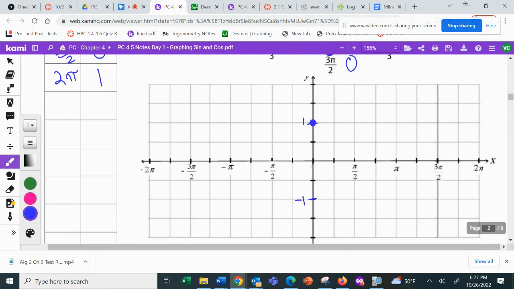Cosine is at pi over 2, 0. Pi is -1. 3 pi over 2 is 0. And 2 pi is 1. So one cycle of cosine is going to look different than one cycle of sine.